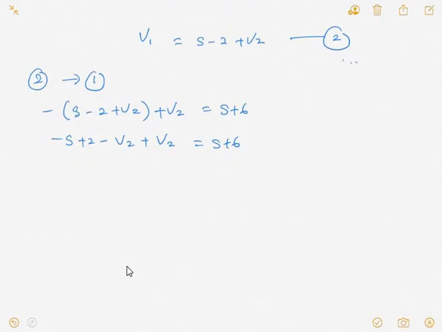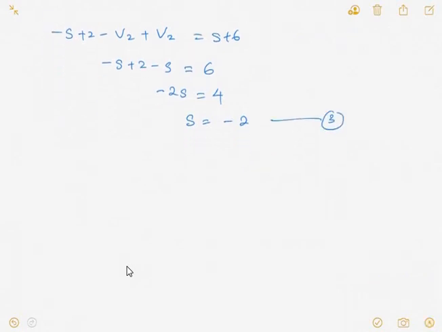So you simplify it. You get negative s, negative s is negative 2s, equal to 6 minus 2 is 4. So s equal to negative 2. This is equation number 3, in which s is equal to negative 2.